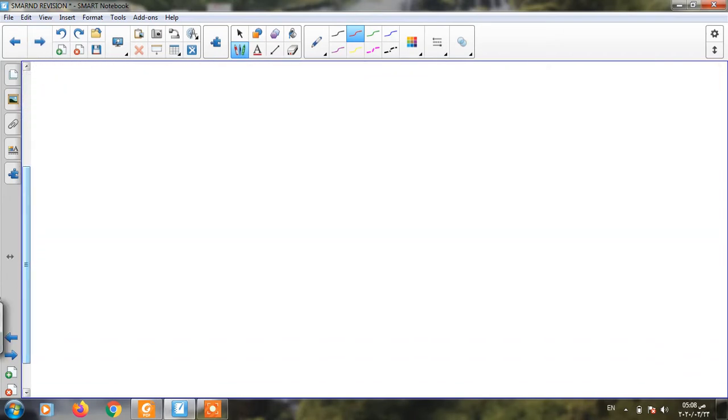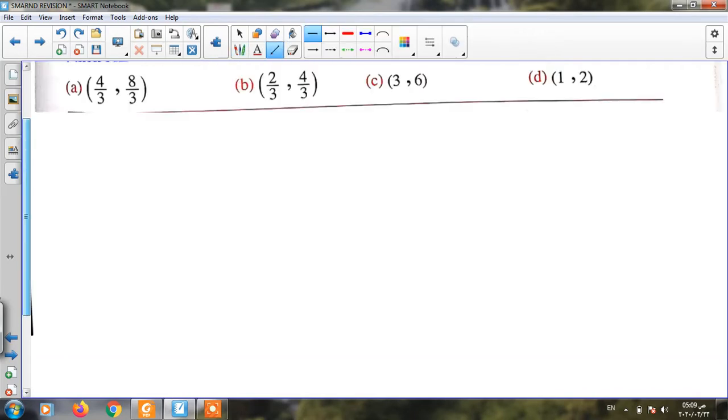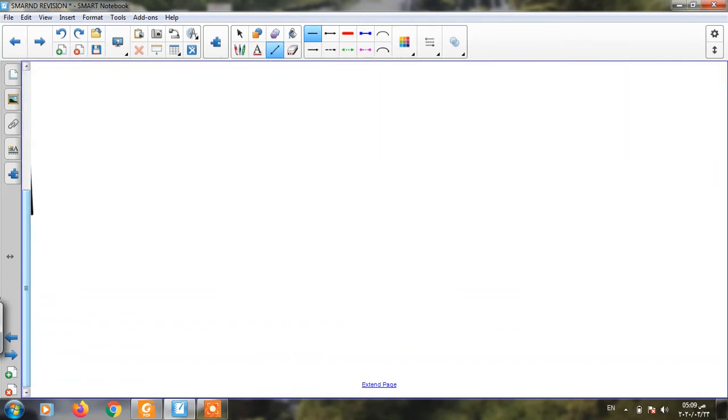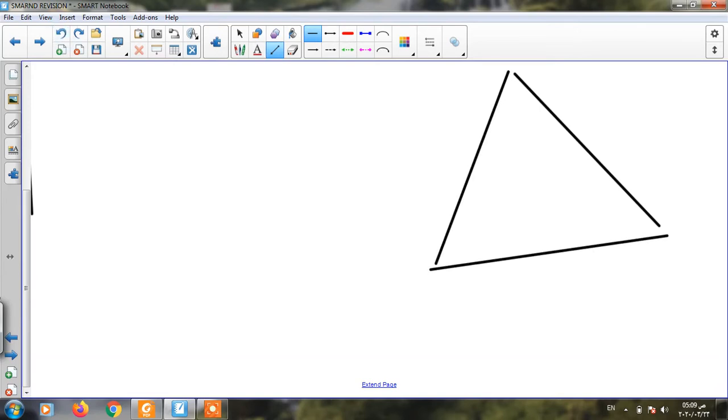So let's draw the triangle ABC. He gave it to me, ABC. M is the point of intersection of medians. Our M is the centroid point of the medians.